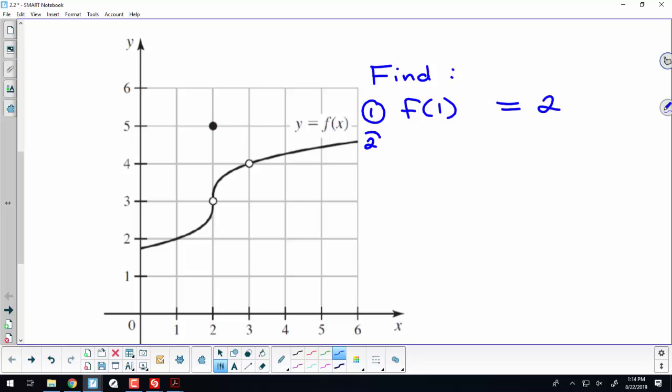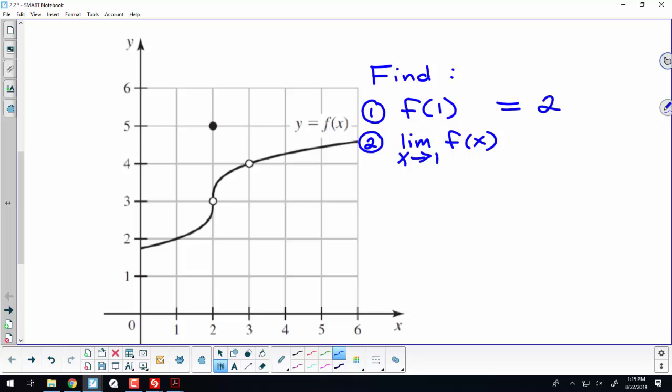Hopefully we're all familiar with that. Then we'll calculate the limit as x approaches 1 on that function, f of x. The way we have to interpret that is, as I get closer and closer to 1 as an x value, what are the function values getting closer and closer to? 2.